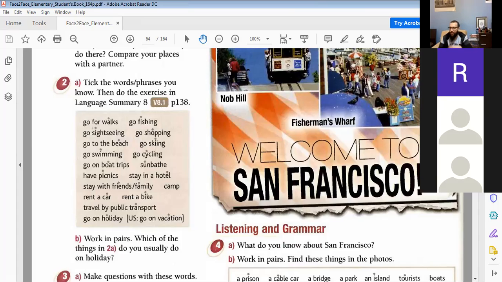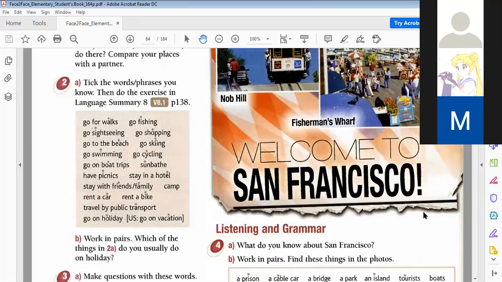Okay, who else would like to tell us about their holidays? Media, what do you like to do on holiday? Some of the things you like to do, some of the activities. Yes, I like shopping very much. And I like to go to the beach.